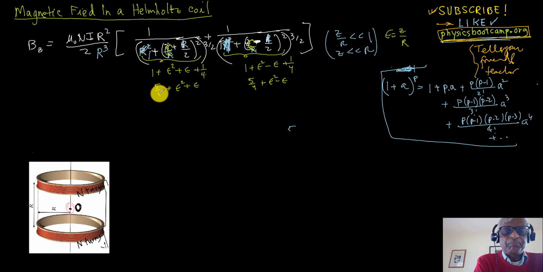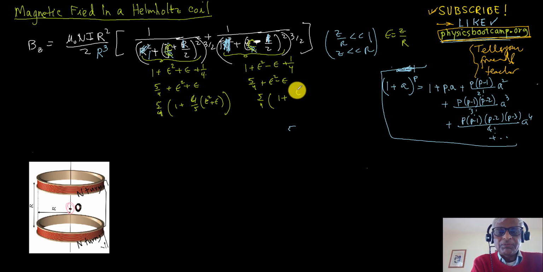And so if I pull 5/4 out from all of this, then I can write this as 5/4, 1 plus 4/5 epsilon squared plus epsilon, and 5/4, 1 plus 4/5 epsilon squared minus epsilon. See, now I can call this guy b, and call this guy a.